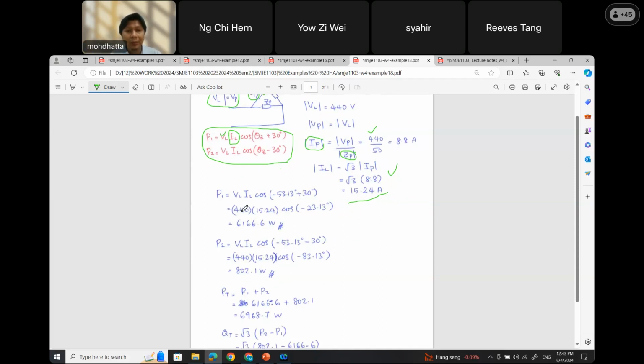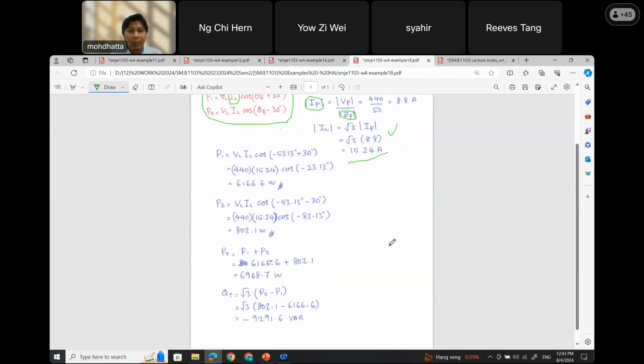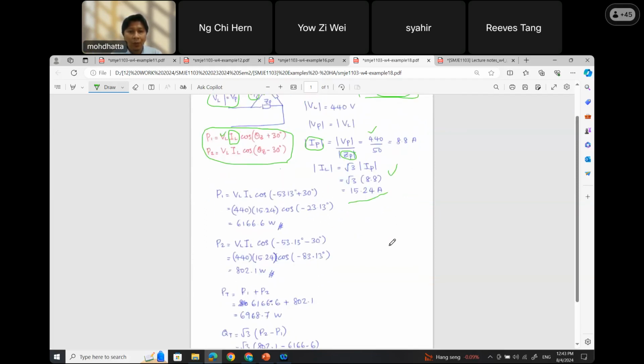Very obvious, because theta z we can always get from the information of our impedance over here, where this is our theta z, negative 53.13. And P1 and P2 can be calculated using the equation that I have over here.